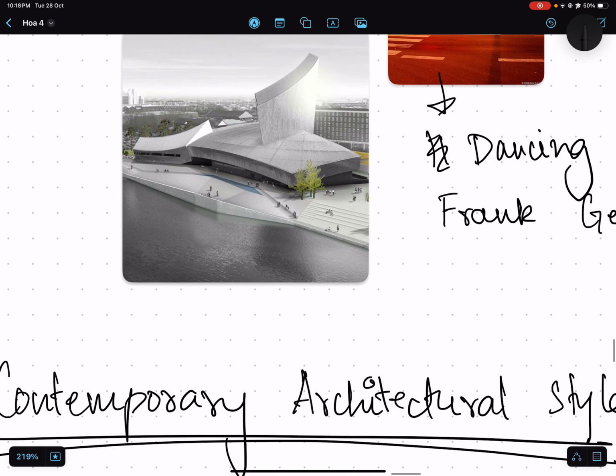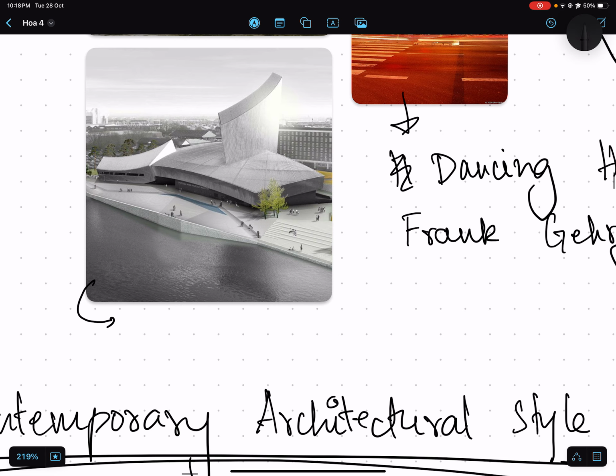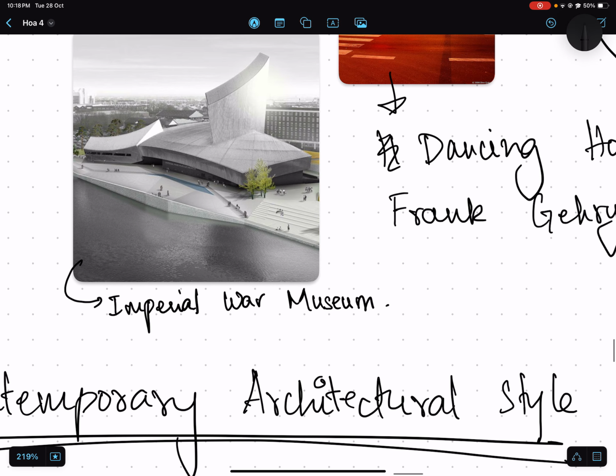Then this is Imperial War Museum by Daniel Libeskind.